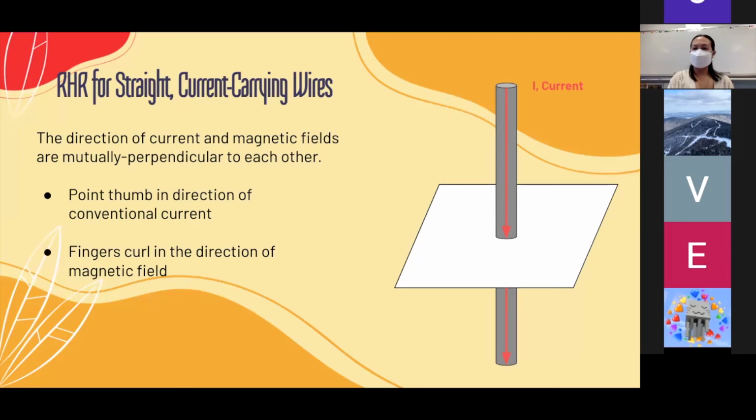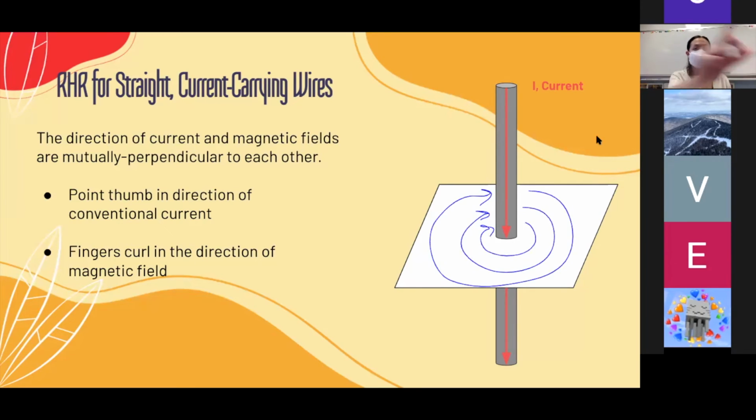So I would draw the magnetic field like this. My fingers are curling clockwise around that wire. So if I wanted the direction of magnetic field at point A, a compass at point A is going to point in the direction of magnetic field. This compass points left.